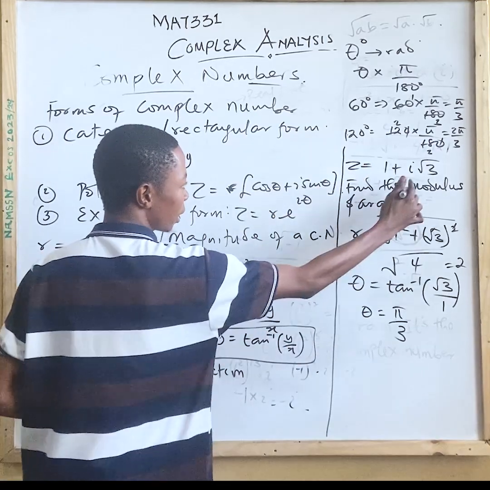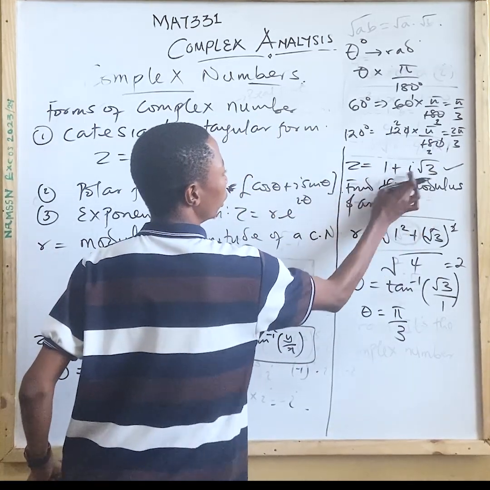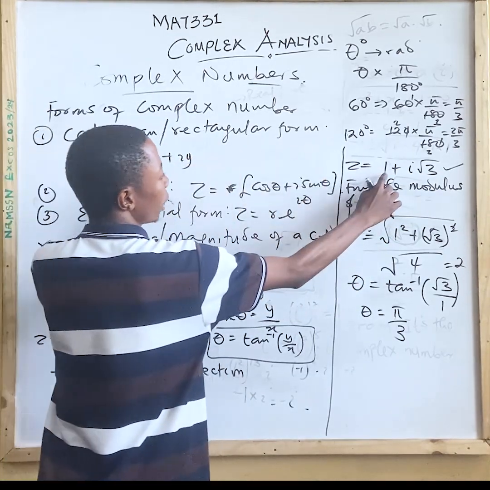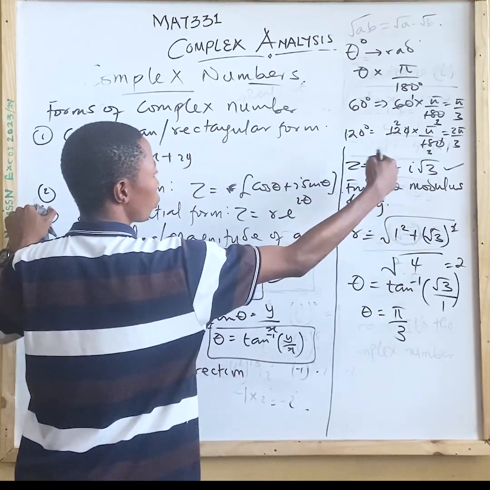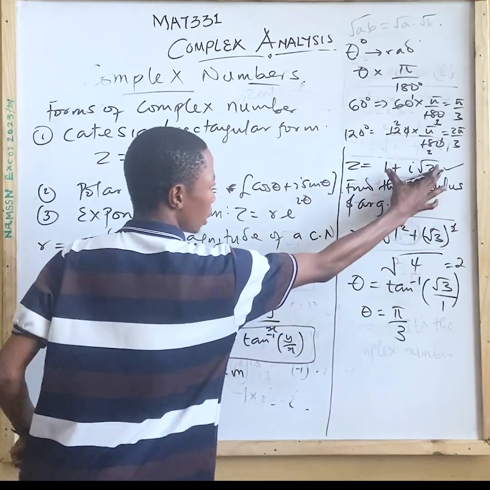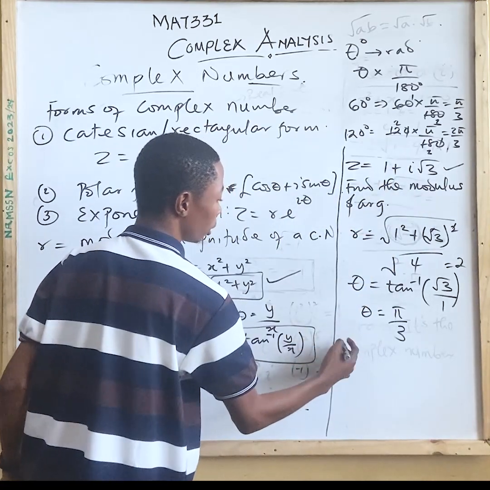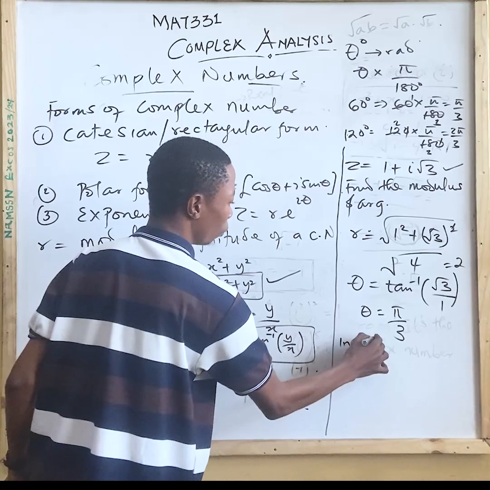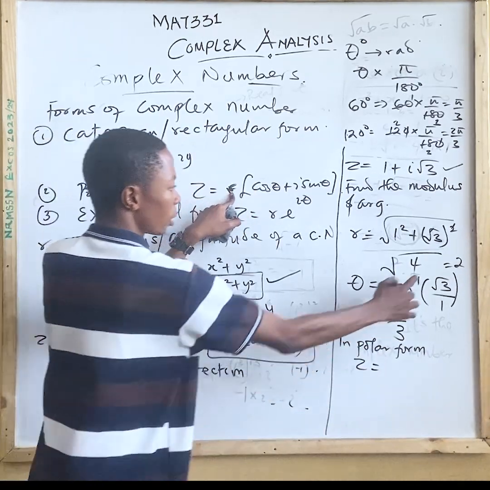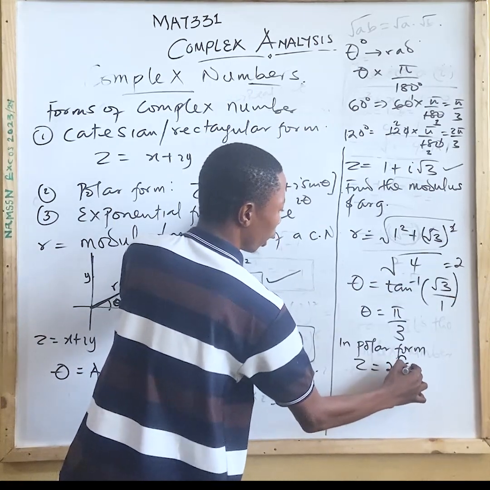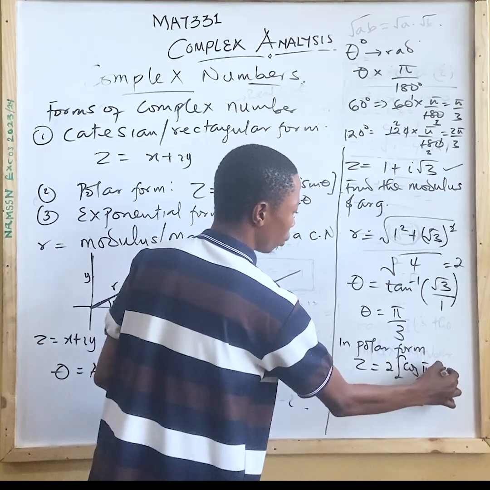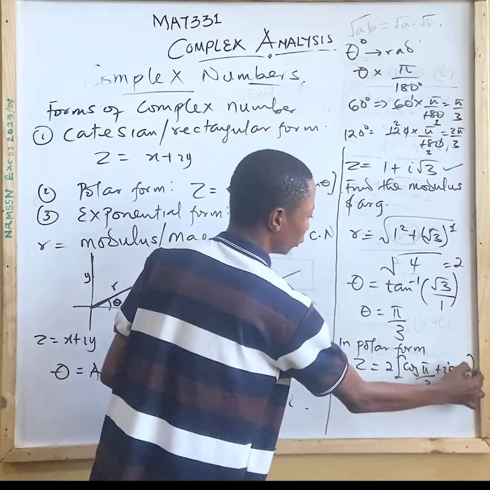Now, the way the complex number is initially, z equals 1 plus i root 3, is in rectangular form. If I want to express it in polar form and in exponential form, then in polar form we are going to have z equals r, what is our r? 2, into bracket cos theta, our theta is pi over 3: cos pi over 3 plus i sine pi over 3.